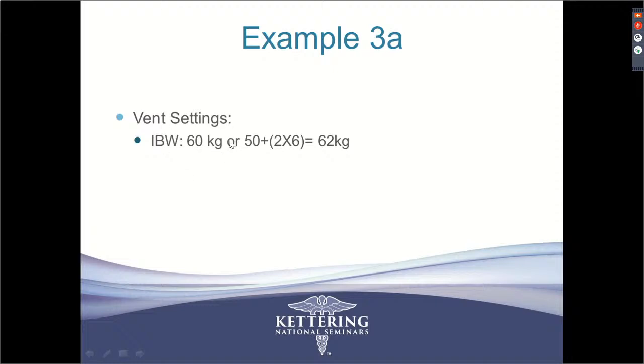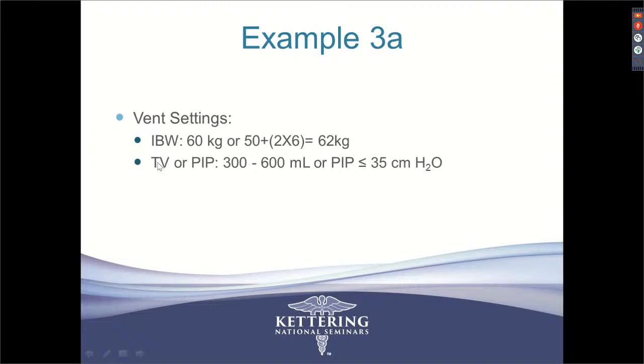I could use 60 kilograms since she's not overweight, but if I want to calculate the ideal weight just for practice, again, I'm taking the inches over 6 feet, doubling it. That's going to be 12, right? And then 12 plus 50 is going to be 62. So that's my ideal weight there. It's pretty close to what her actual weight is. So really, I could use either one of these for doing my range, all right?